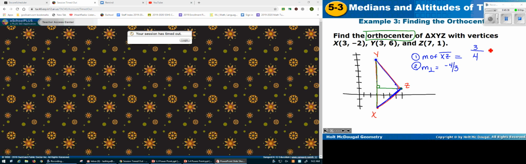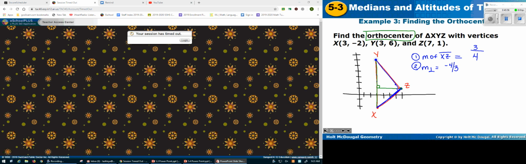Does that make sense, what you guys did in Algebra 1? So what we're going to have to do is write the equation of this green line and write the equation of this blue line and then solve that system of equations to find out where they cross. That way we can get an actual correct fraction for our point.